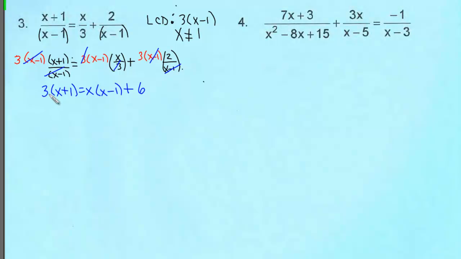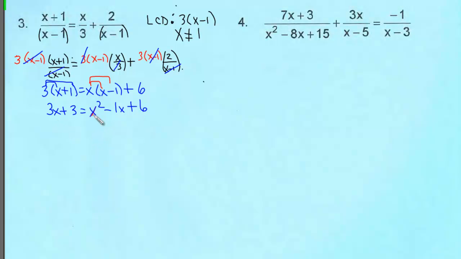Now let's distribute and combine like terms and solve for x. 3 times x is 3x. 3 times 1 is 3. X times x is x squared. X times negative 1 is negative 1x plus 6.